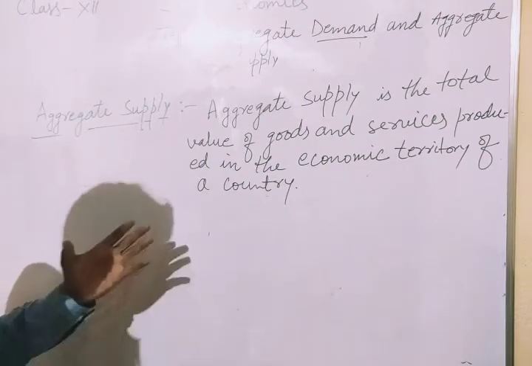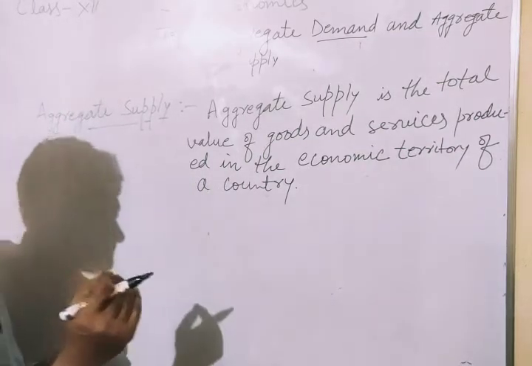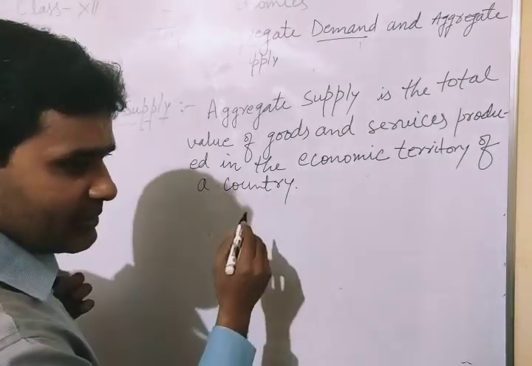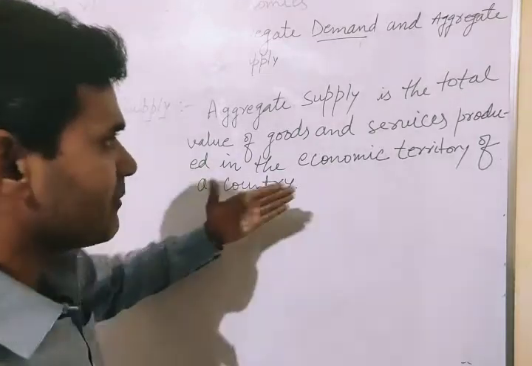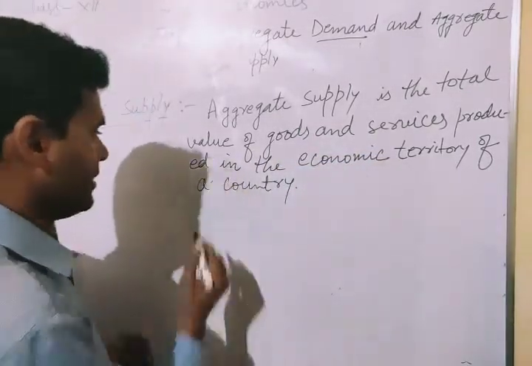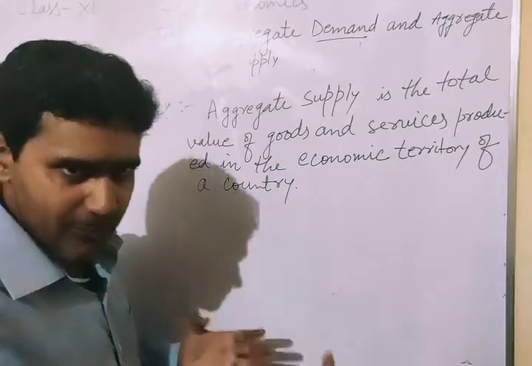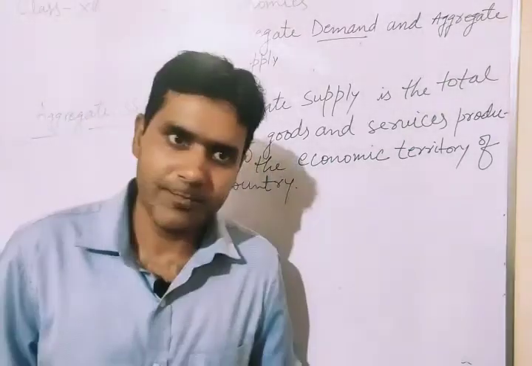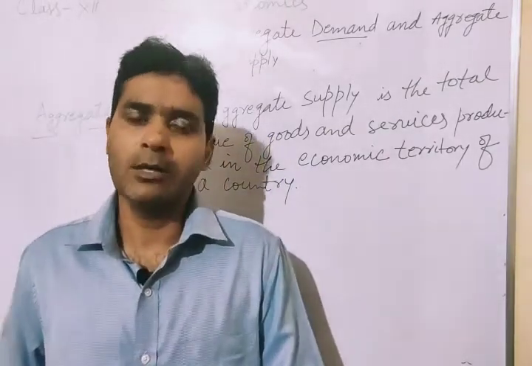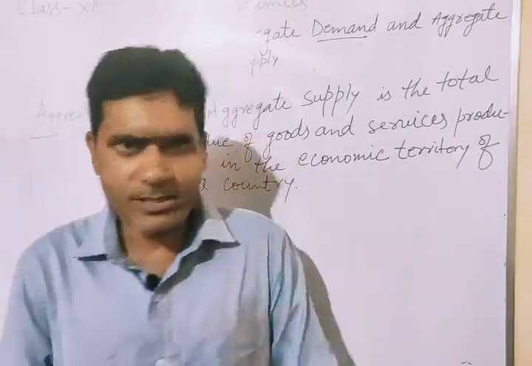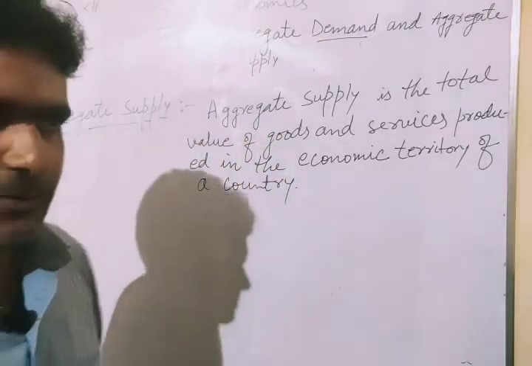Now, as in the Keynesian model, in the absence of indirect tax or subsidies, all the money value generated, or all the value addition done in the economic territory, is meant for distribution among the factors of production: rent for the land, interest for the capital, and wages or salaries for the employees, and whatever is left is termed the profit for the entrepreneurs.